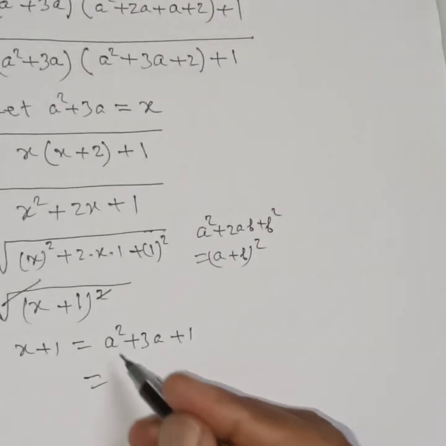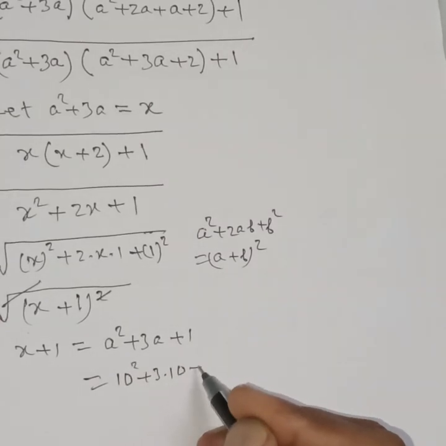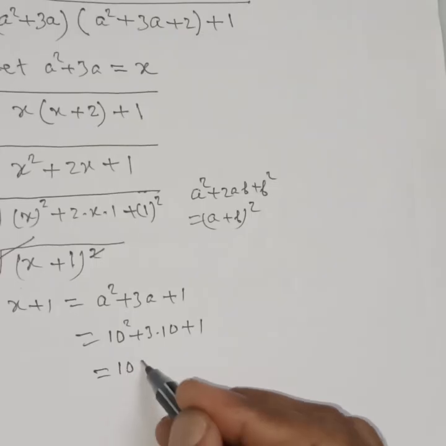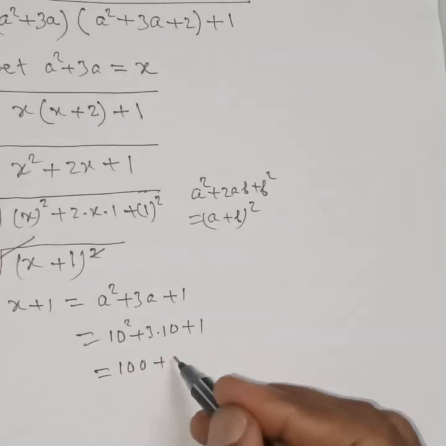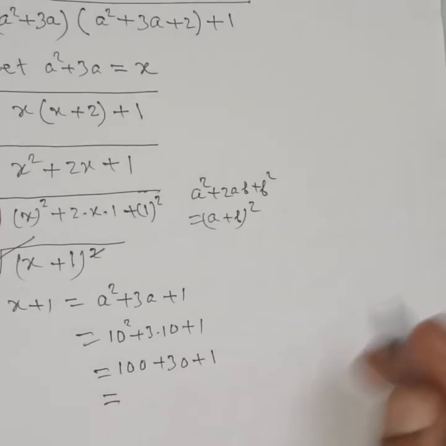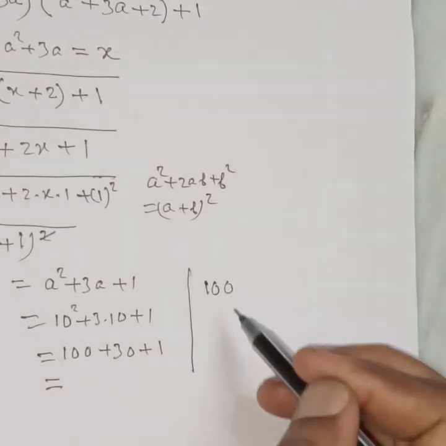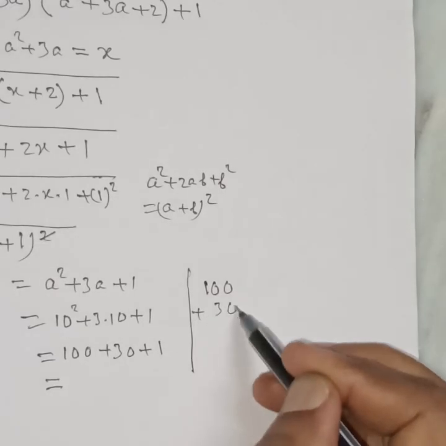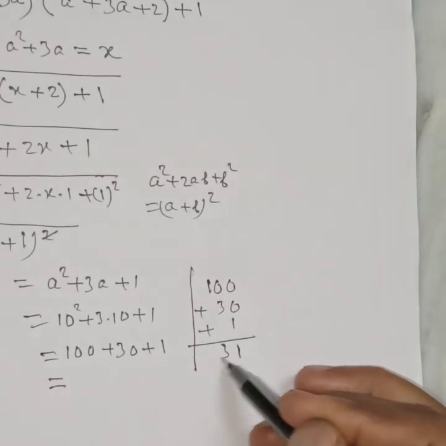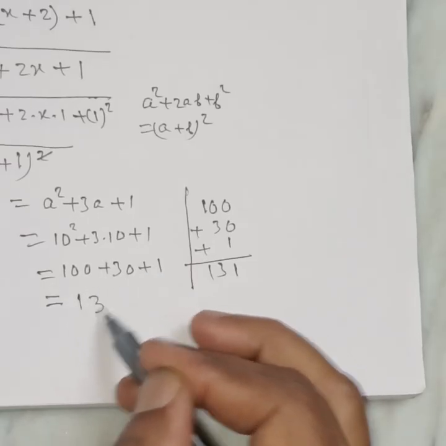Therefore, here is 10 square plus 3 into 10 plus 1 is equal to 10 square is 100 plus 3 into 10, 30, plus 1 is equal to, now adding these three terms we get 100 plus 30 plus 1, 131.